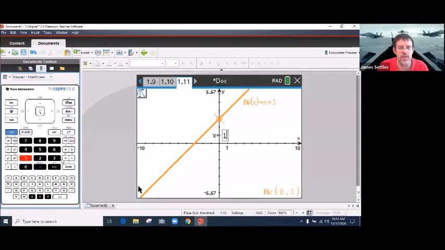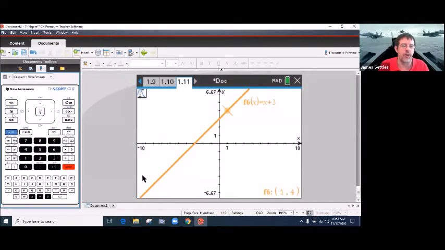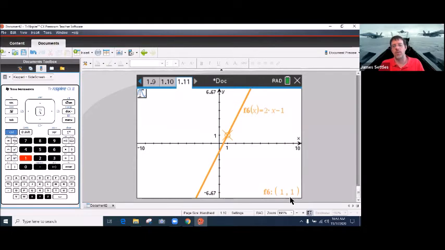We type in 1, hit enter, and it does not. It gives me 4. All right, so we're now going to have to type in g, which is 2x minus 1. Unfortunately, it's nothing like this one, so I'm just going to delete it and type in 2x minus 1. Enter, menu 5, 1. And it remembered my 1, so 1, 1.